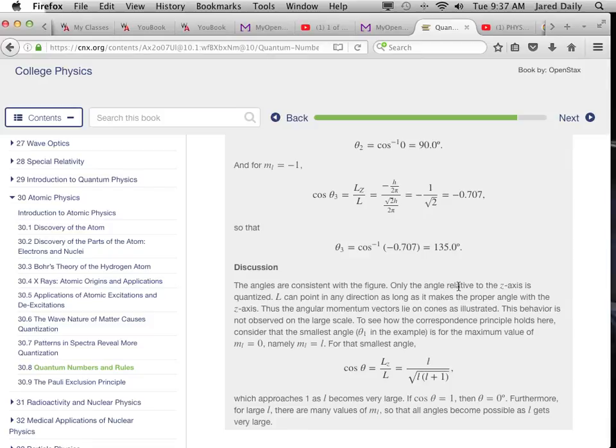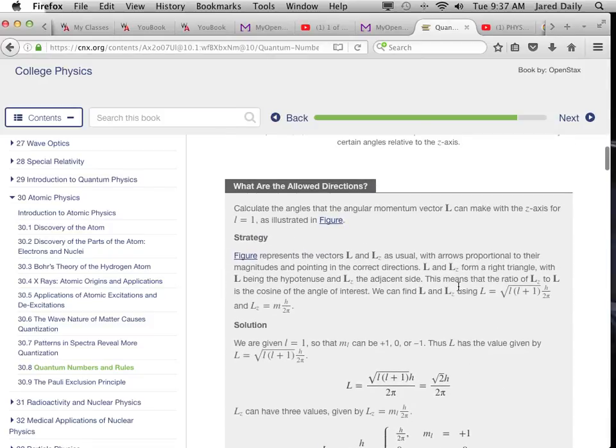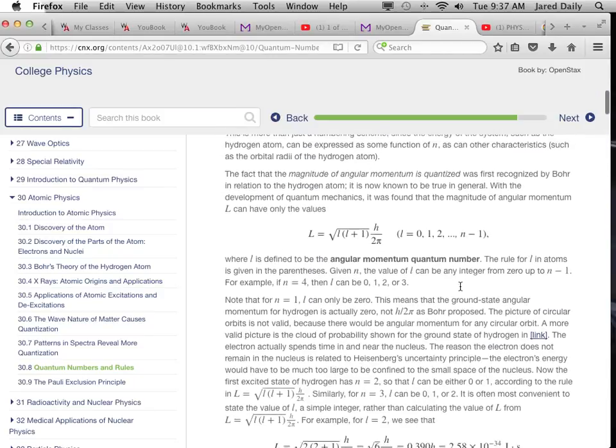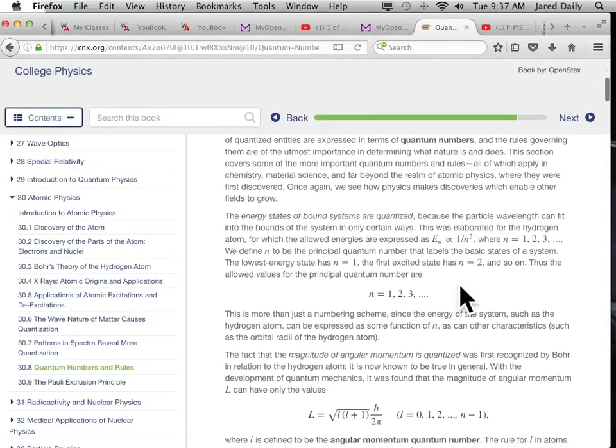E sub n equals, let's see, it's 13.6 Z something. So E of n is the energy of that level. It's the energy level for the principal quantum number n. That's correct. And they don't show it here, but they show the basic thing here.